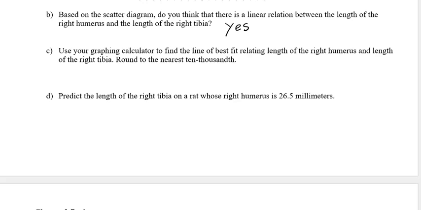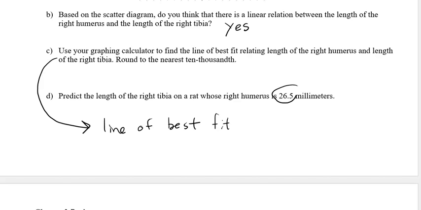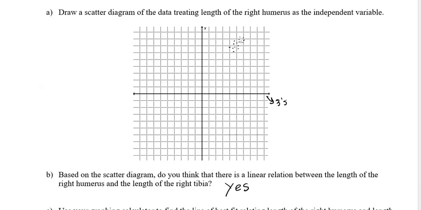And then to get the answer for part D, you're going to take the line of best fit that you got in C. So you'll need the answer for letter C in order to do D. And you're just going to plug 26.5 in for X, and that'll get you the answer for part D. I think everybody knows how to plot points.